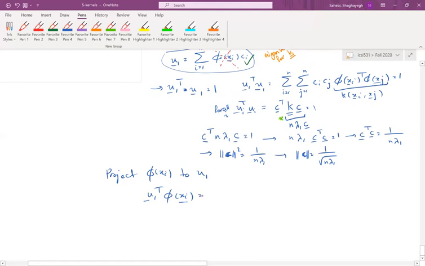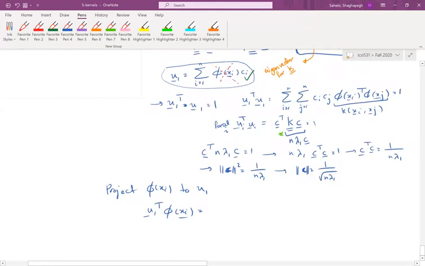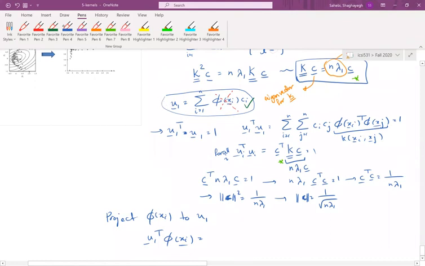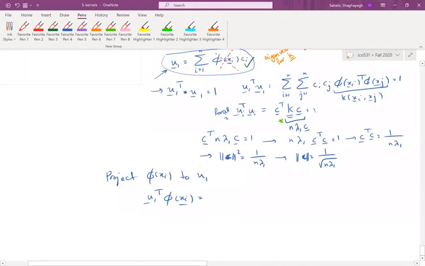We know from here that U1 is equal to the summation of phi of xi ci's, right?